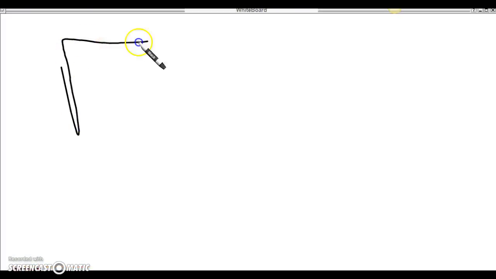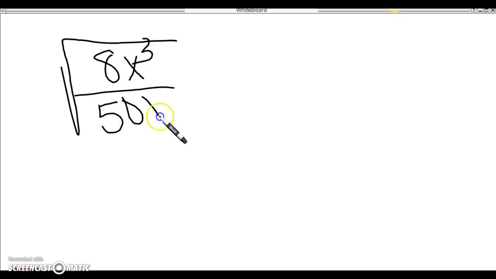So we have the square root of 8x cubed over 50x. For this one, it might be better to simplify before I change it. For 8 and 50, those are my coefficients.